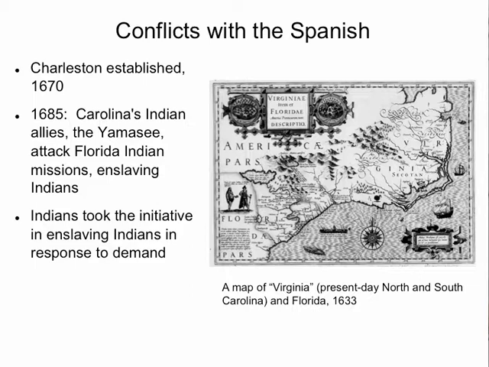And furthermore, by agreeing to become slave catchers for the Carolina settlers, the Yamasee guaranteed that they themselves would not be enslaved. And so, even though it seems like a very poor strategy on their part to take on this role, it made sense to them at the time.